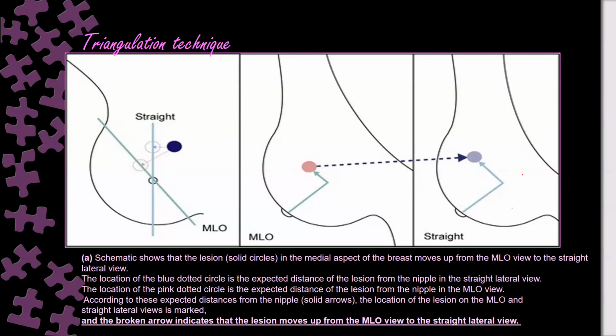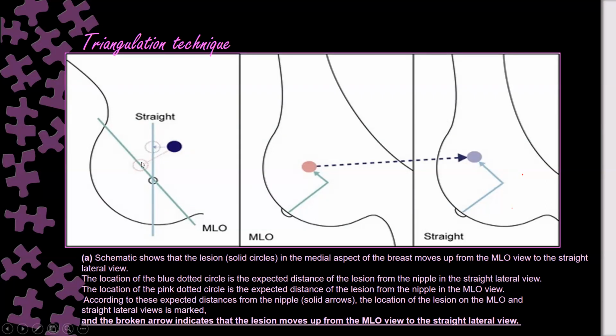It's okay. This is the lesion. If you have a lesion here on the medial breast, when you take the MLO, this is the angle, the orientation of the MLO. The lesion's image will come here.